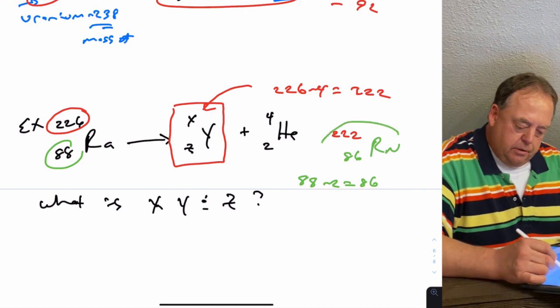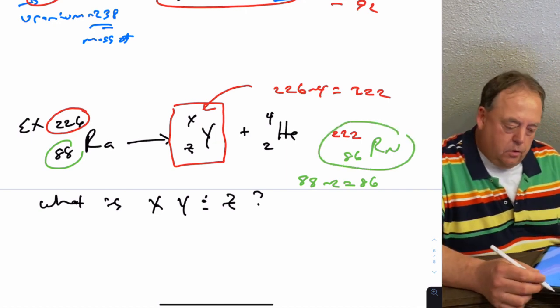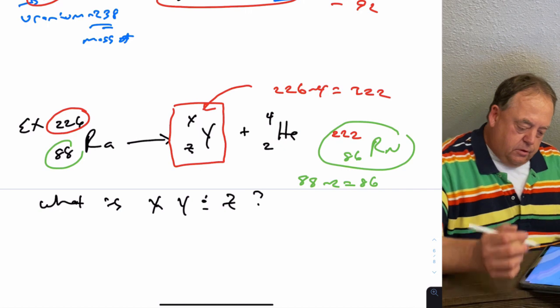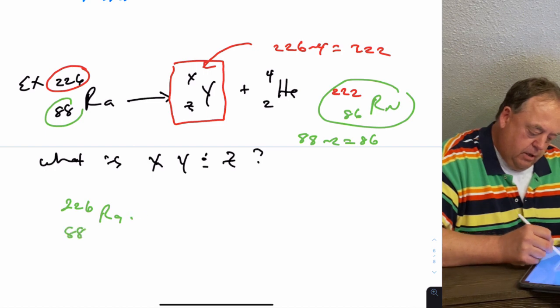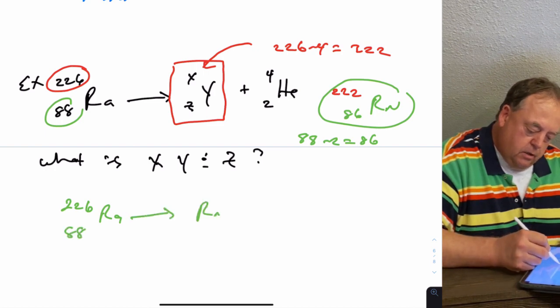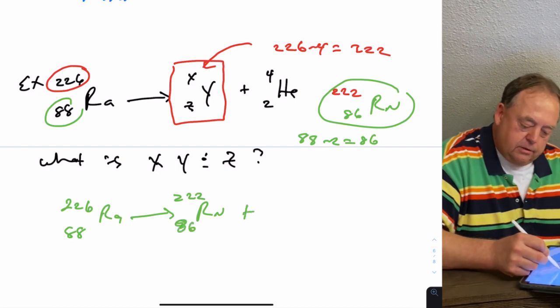And so that would be Rn. So now you have the complete nuclear reaction. So 226 Ra 88 decomposes to Rn 222 86 plus an alpha particle.